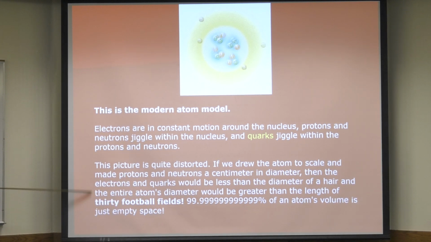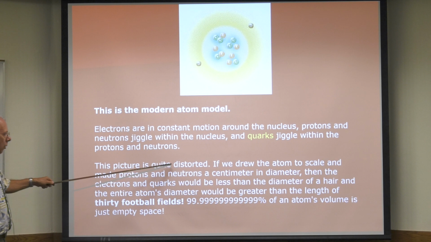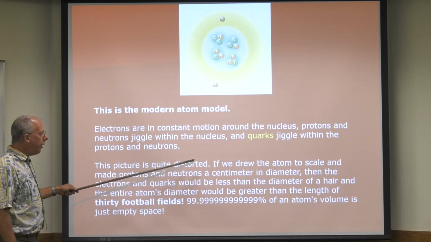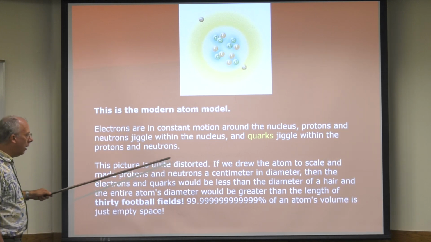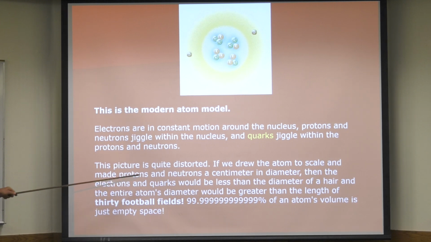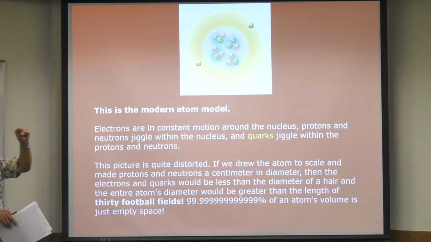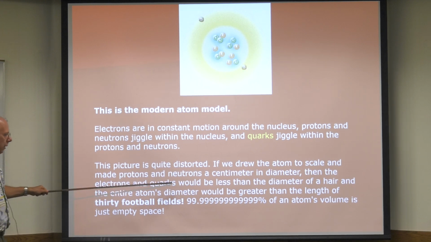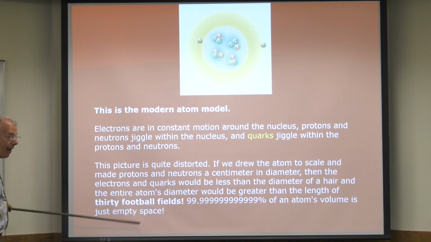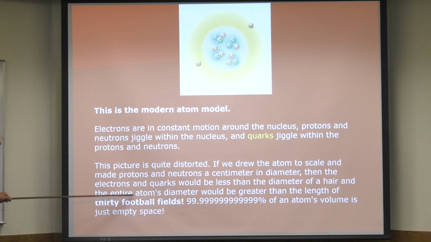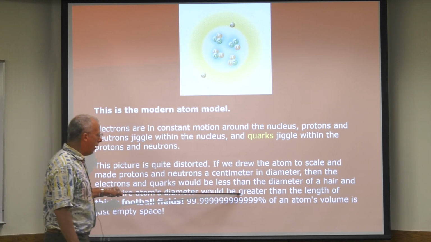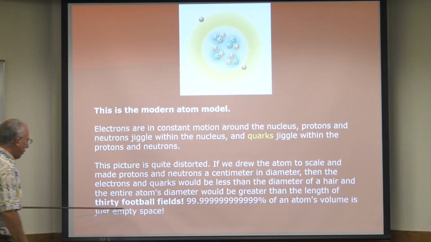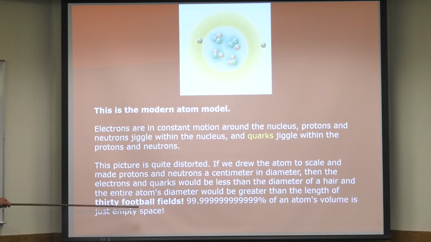Now, this is kind of like what I was saying with the 10,000. This picture is quite distorted. If we drew the atom to scale and made protons and neutrons a centimeter in diameter, then the electrons and quarks would be less than the diameter of a hair, and the entire atom's diameter would be greater than the length of 30 football fields.